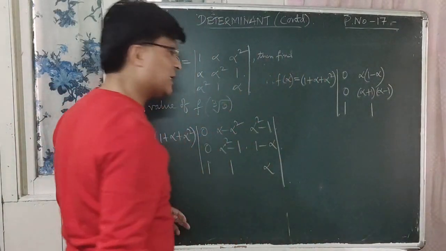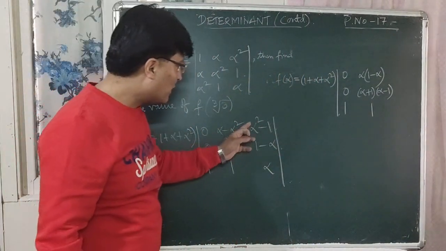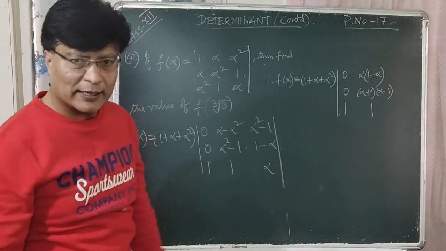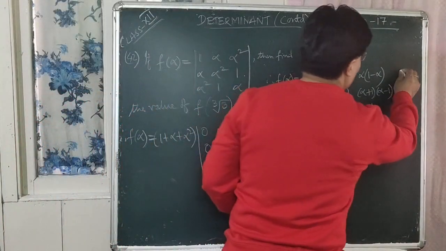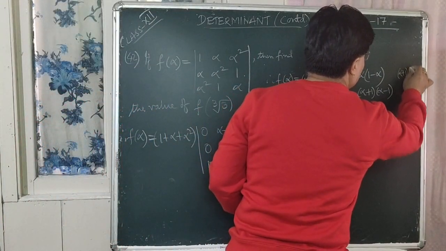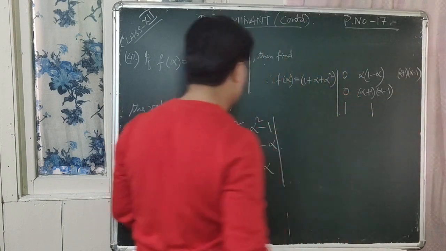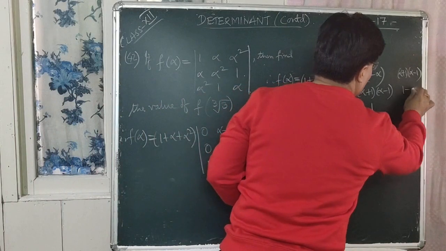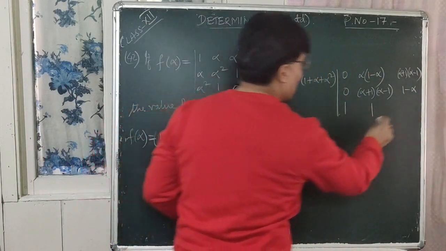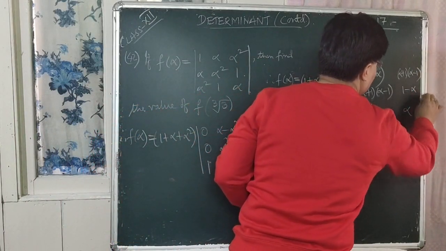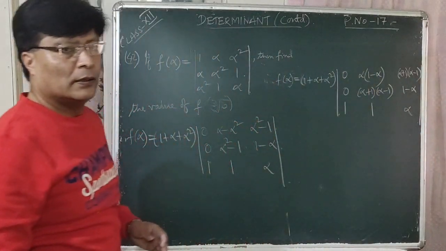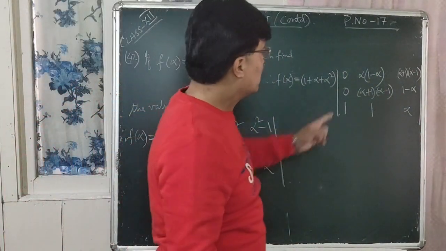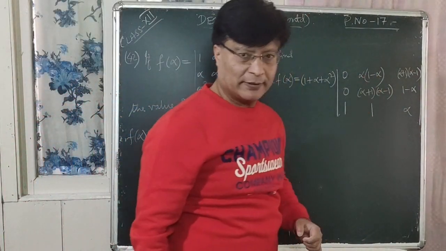So this is 1, right? Similarly, what is alpha square minus 1? Again, same formula, a square minus b square, that is alpha plus 1 into alpha minus 1, right? Then 1 minus alpha remains same, then alpha. So now, there is 1 minus alpha here.